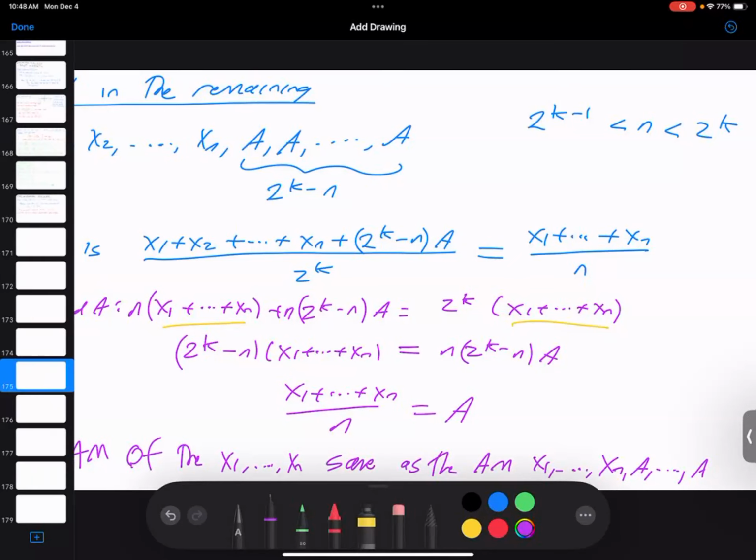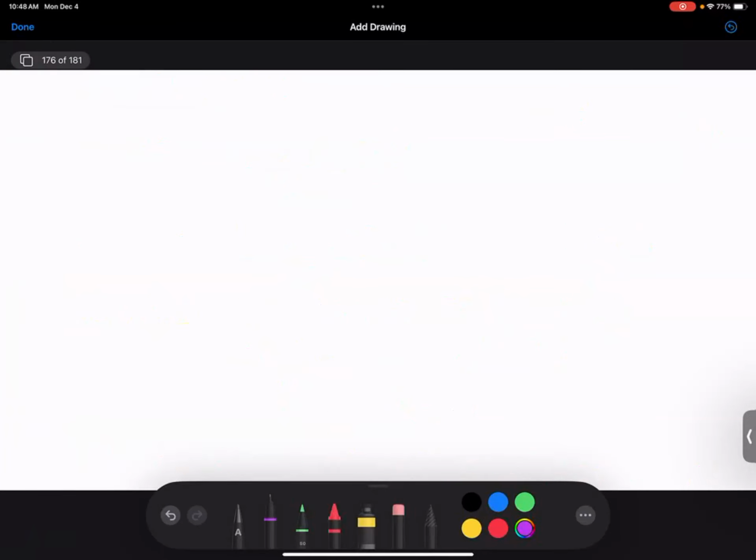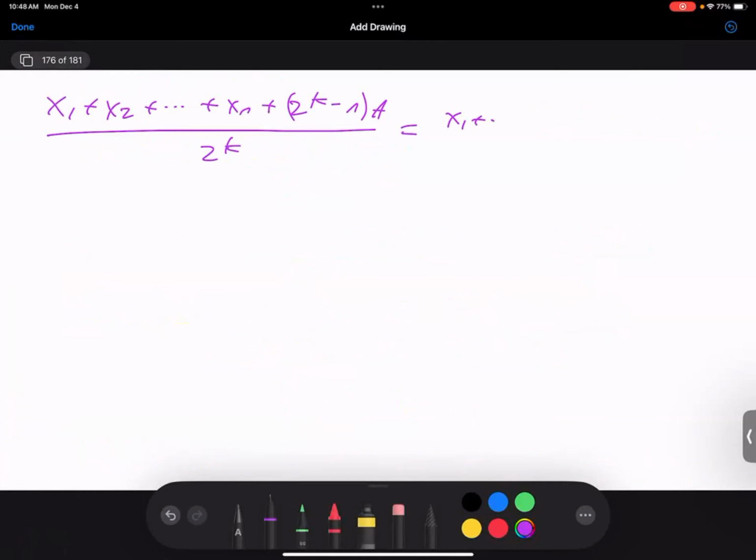And so now we can use the geometric mean, arithmetic mean. So we know x1 plus x2 plus xn plus 2 to the k minus n times a, over 2 to the k, is just x1 plus xn over n.